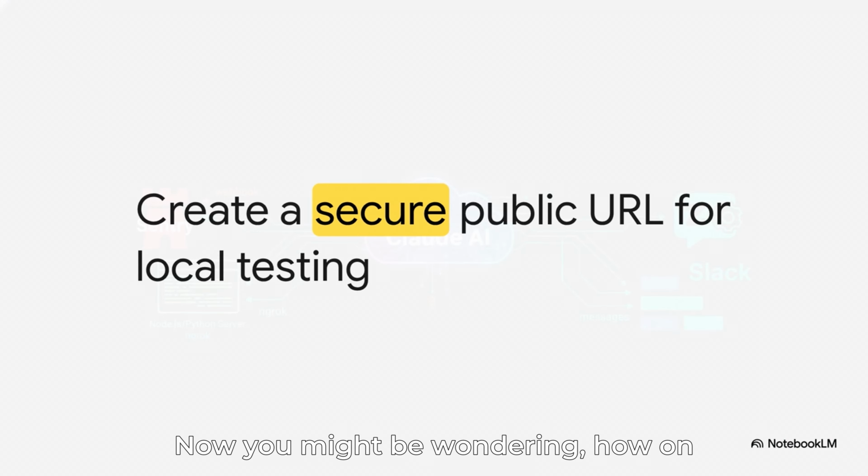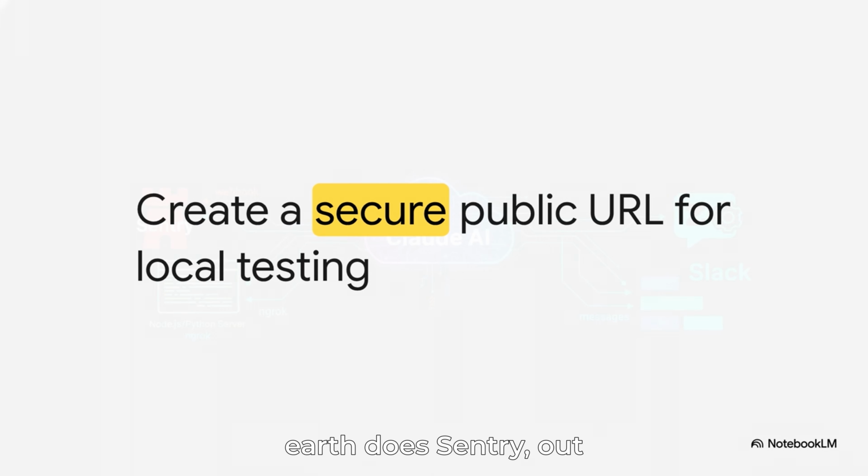Now you might be wondering, how on earth does Sentry, out there on the public internet, reach your local Express server running on port 3000? Well, you just pop open your terminal and run ngrok http 3000. This instantly spins up a secure, temporary, public URL that forwards requests directly to your local dev environment. You literally just paste this ngrok URL straight into your Sentry webhook integration settings.